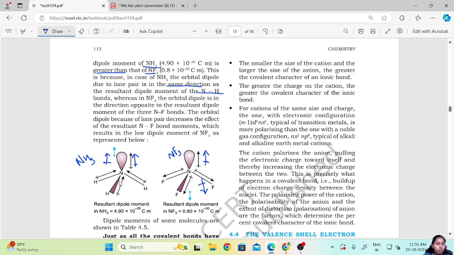So there will be some kind of cancellation or opposing forces. The resultant dipole moment for NF3 will be less than the resultant dipole moment of NH3.